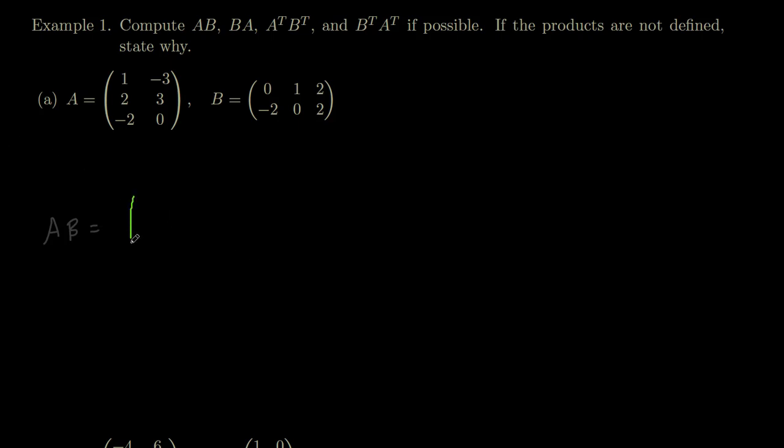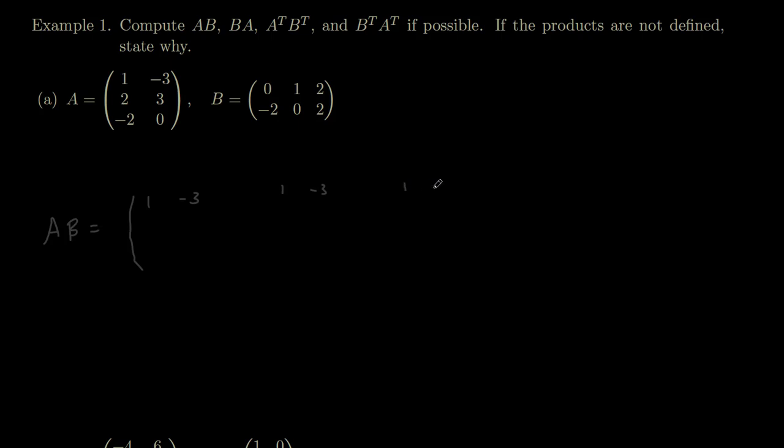So what I do is the following. I grab the row. I'm going to be doing the first row of my matrix. I know I'm going to have 3 columns because the second matrix has 3 columns. So I'm going to copy row 1, 1 and -3, for each entry, for each column.